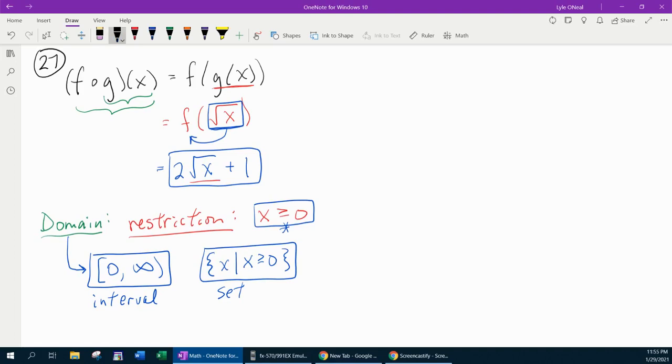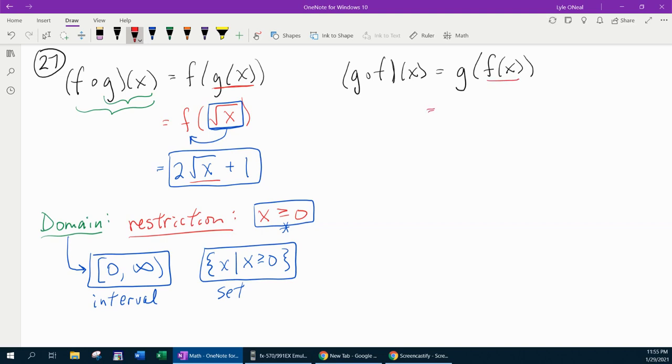Okay, not that you have to write both of them, but I'm showing you both in case you need it. Now, number 27 also asks us to find g circle f of x and to give the domain. So the first thing we're going to do is rewrite using nested parentheses and then plug and play from the inside out.